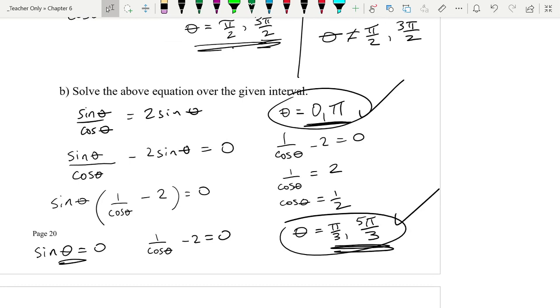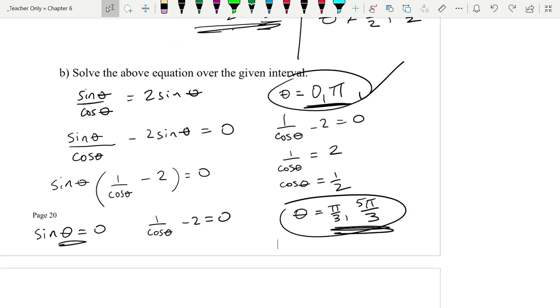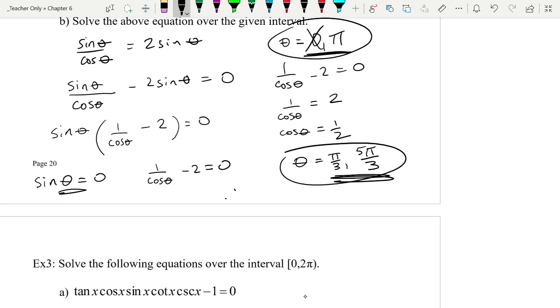I put a premature check mark on that. Theta can't be 0. So therefore, I should make a final answer. Sorry, I'm out of room. Final answer. Theta is pi by 3 and 5 pi by 3. We had to throw out the 0. The 0 is non-permissible.